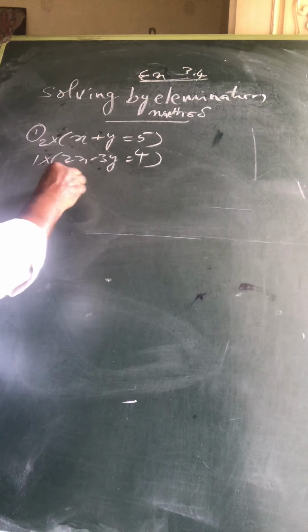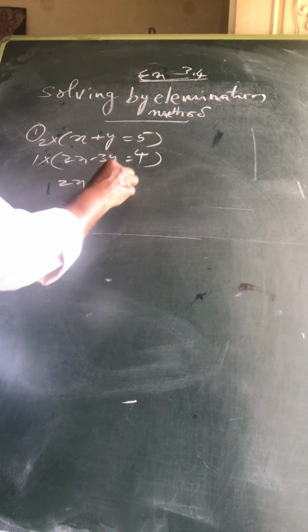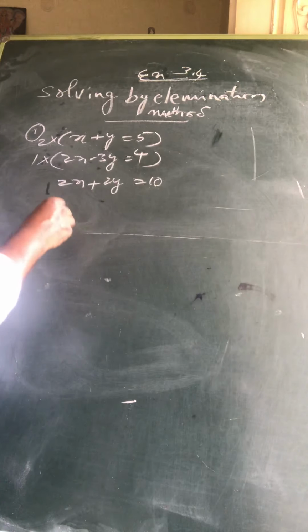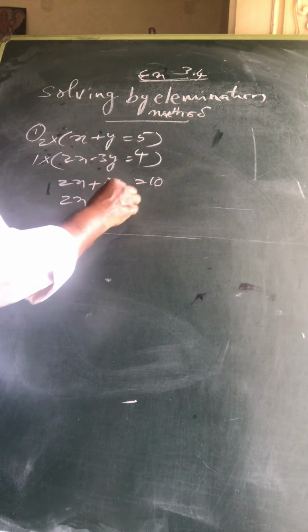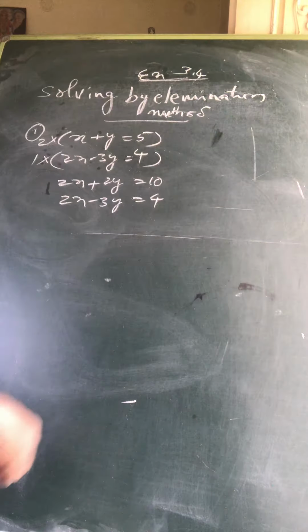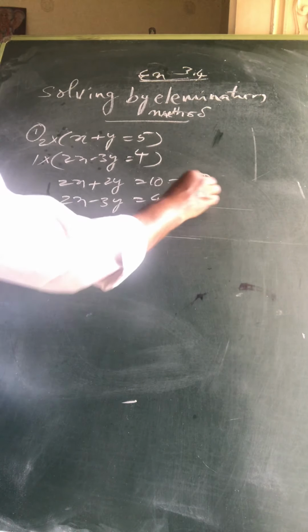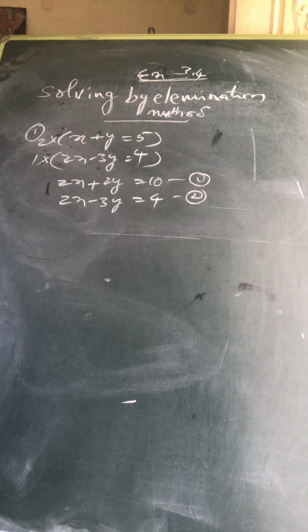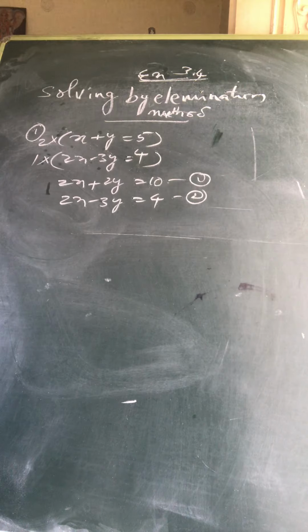Now 2 into x, 2x plus 2y is equal to 10, and 2x minus 3y is equal to 4. It is the first equation and it is the second equation. We have to eliminate. As I said, to eliminate we either add or subtract.